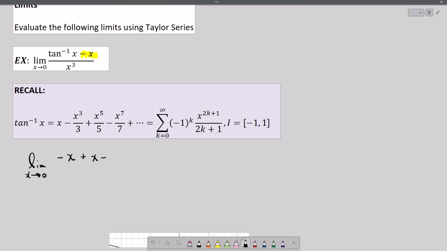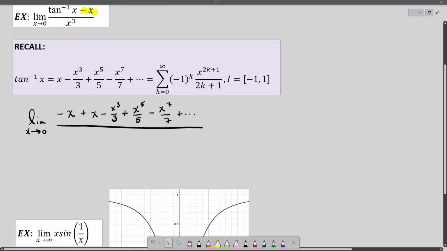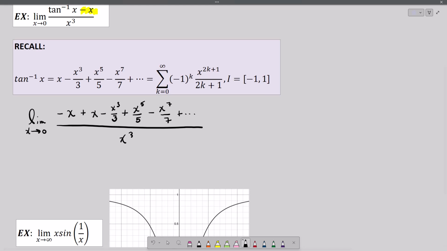Well, inverse tangent looks just like sine, except there's no factorials. So there is the numerator. Denominator is x cubed. These two x's out in front cancel, right? We have a negative x plus x.